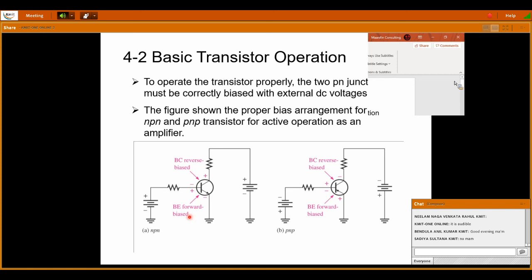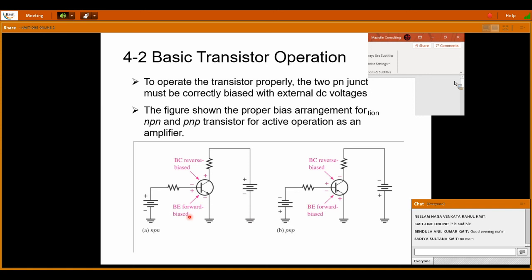Let me imagine, this is an imaginary region where the base to emitter junction is reverse biased and the collector to base junction is forward biased. That is an imaginary region, which we could call the inverted active region. Right, so these are the four regions of operation based on the biasing.